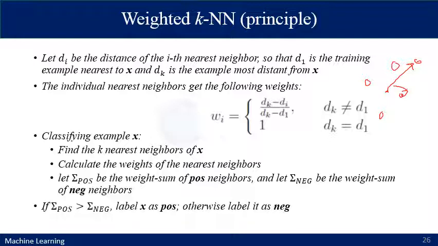To calculate the weighted k nearest neighbor, the individual nearest neighbors get the following weights. You find out the distance of each value, subtract each distance from the maximum distance, and then divide the subtracted value by the maximum distance minus the least distance.